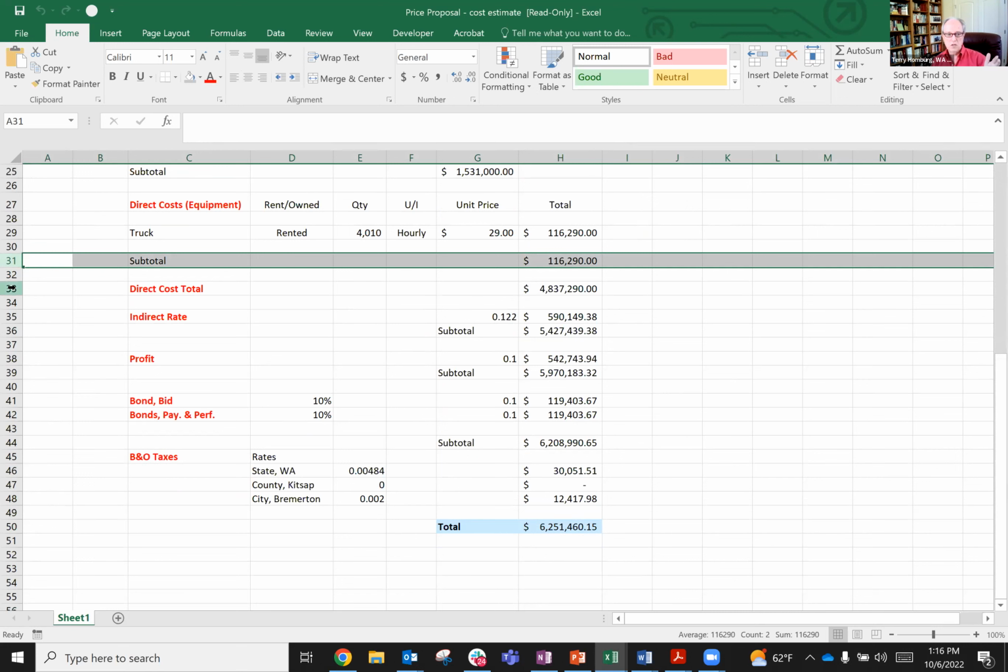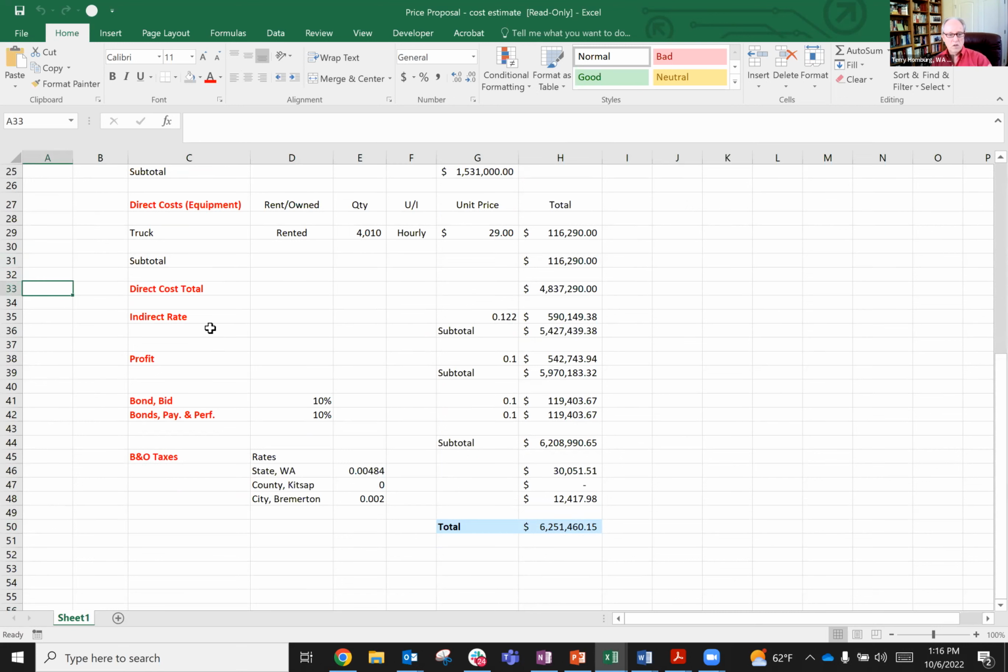And then we go into the indirect costs. Here, there's a computation of 0.122. That is 12.2%. So you, the company, have determined that your indirect cost rate annualized is a percentage, and it came out to 12.2%. So you're going to apply that to your cost proposal.